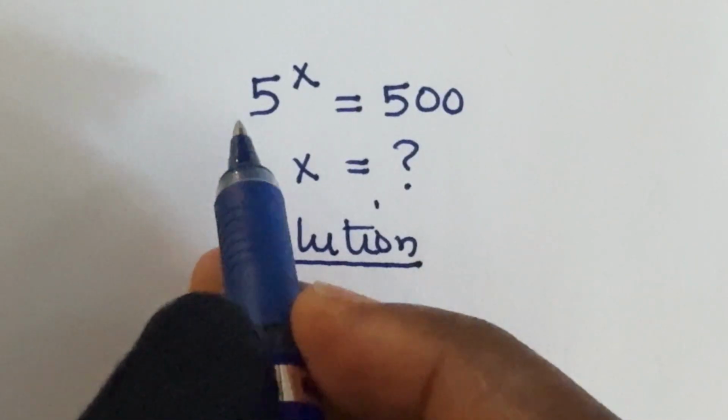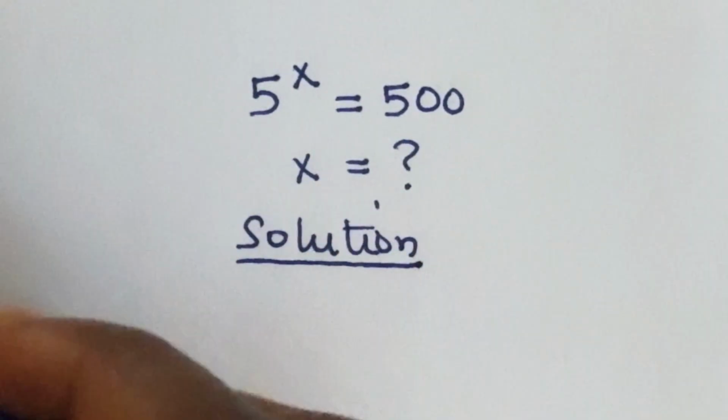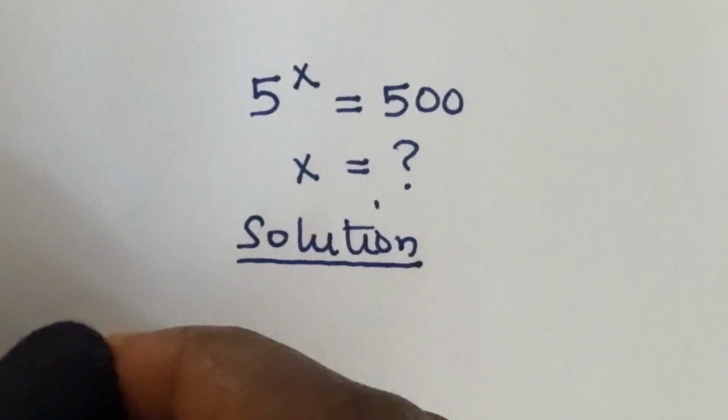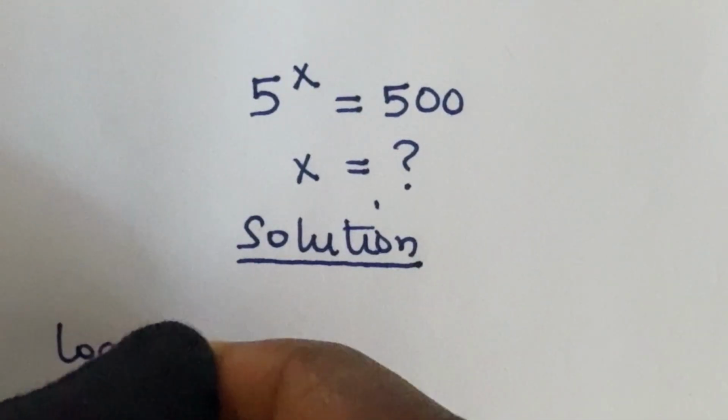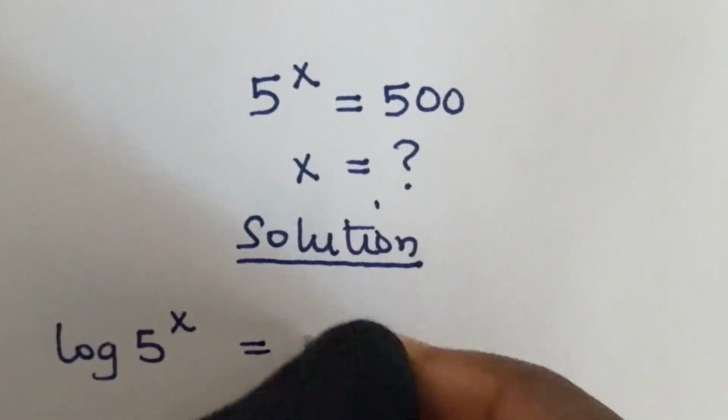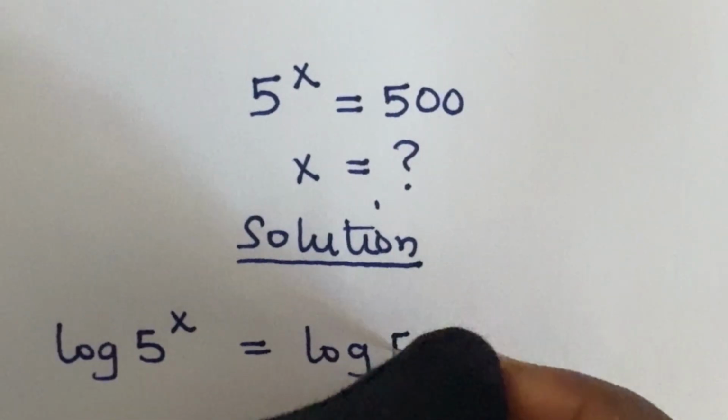I'm going to start with taking the logarithm of both sides, and that will give us log 5 raised to power x is equal to log 500.